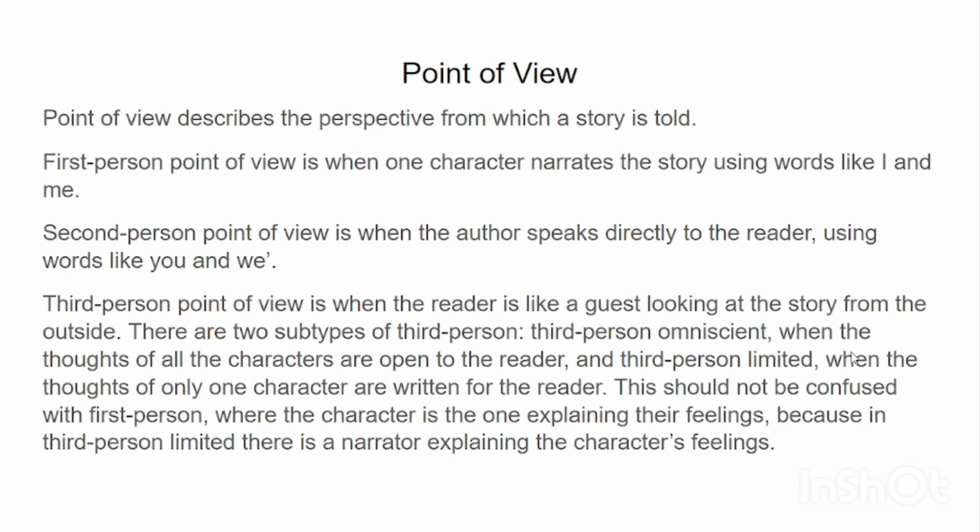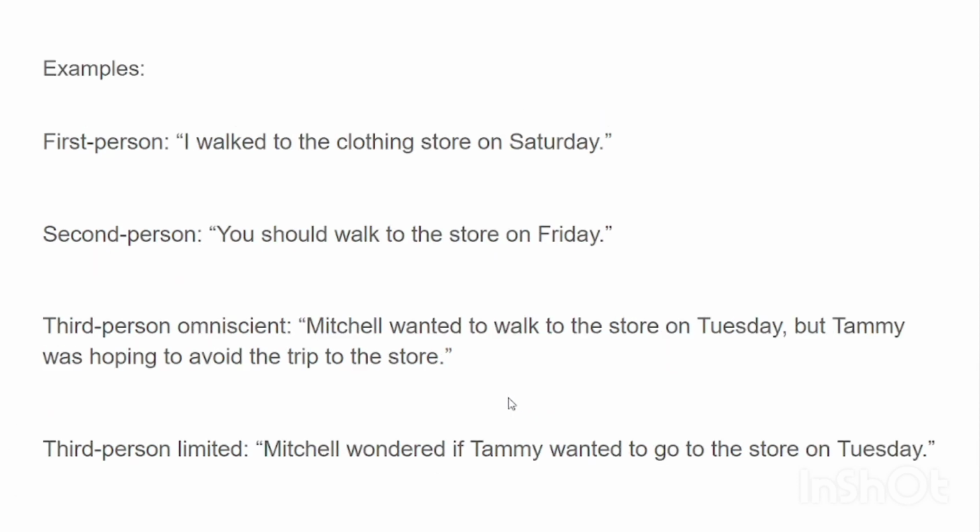Remember, third person limited is when the thoughts of only one character are written for the reader. So it says Michelle wondered. So remember, in the omniscient one, it's talking about Michelle and Tammy, so it's telling you the thoughts of both. So it's telling you how both of them are thinking.